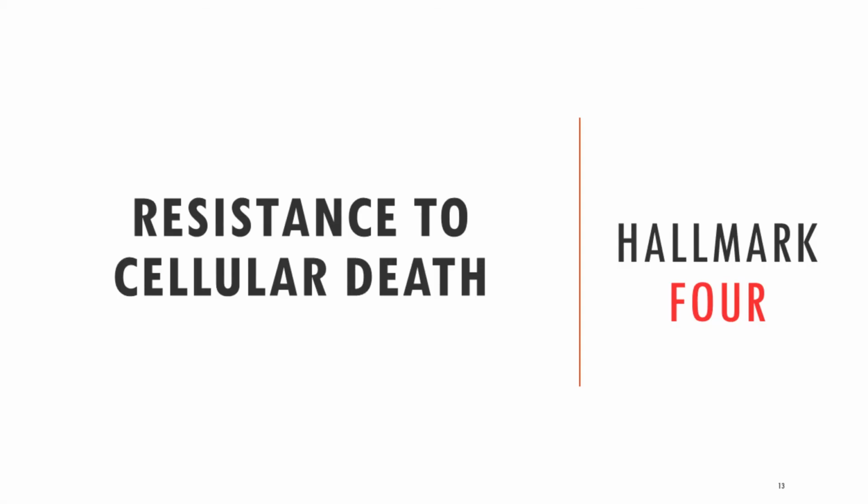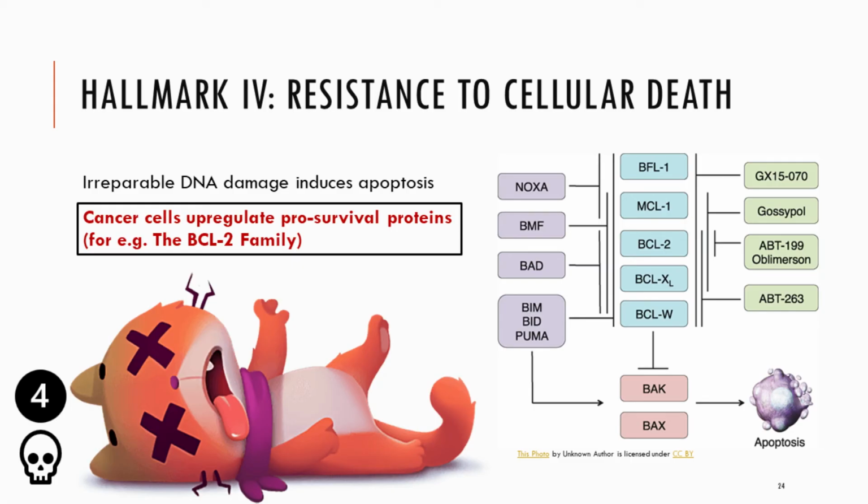Now, p53 is no longer inducing apoptosis and abnormal cells aren't dying. This mechanism makes cancer cells resistant to death, and as the number of mutations increase, the resistance to cellular death also increases. And this occurs due to the activation of pro-survival genes like the BCL family and the inhibition of pro-apoptotic genes like BAD and BAX.